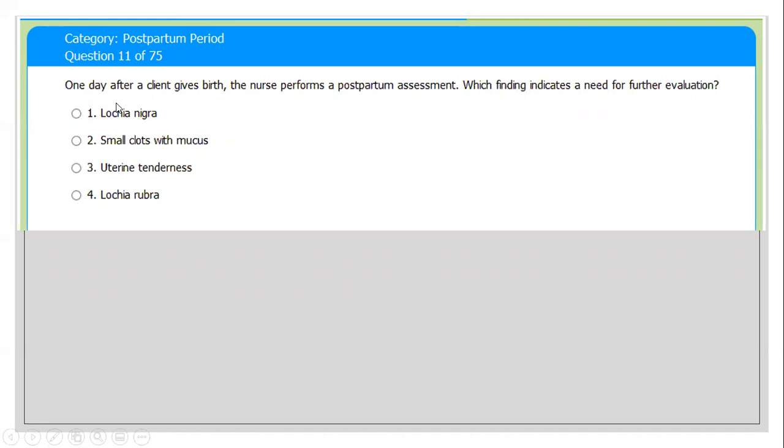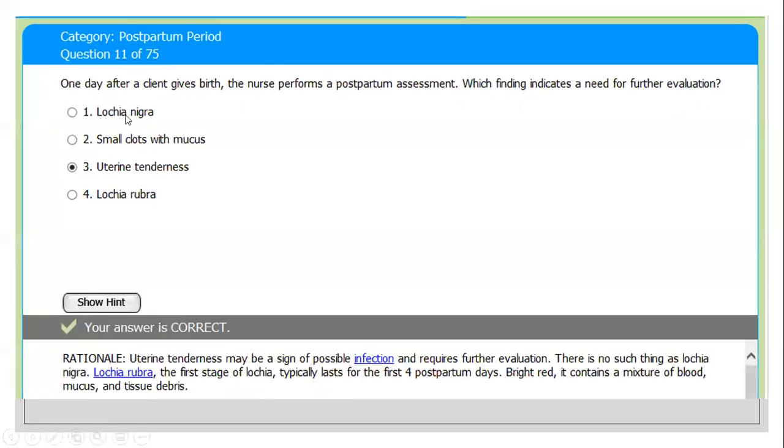Something is wrong, you need to further evaluate. Number one, lochia nigra. Number two, small clot with meniscus. Number three, uterine tenderness. And number four, lochia rubra. Correct answer is uterine tenderness.